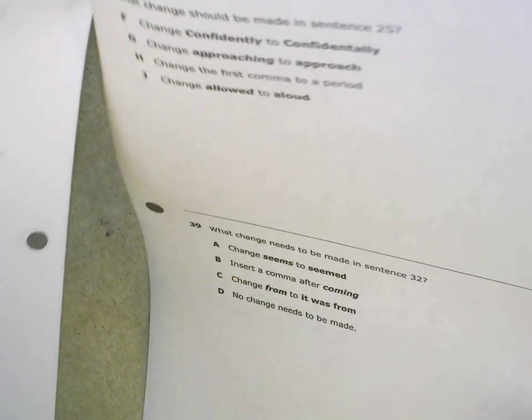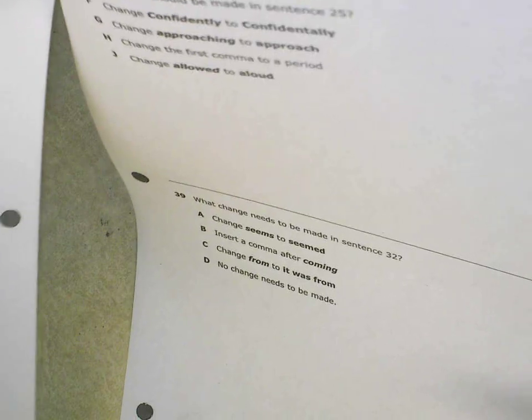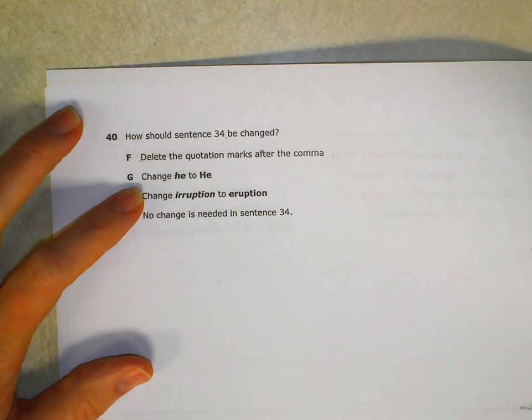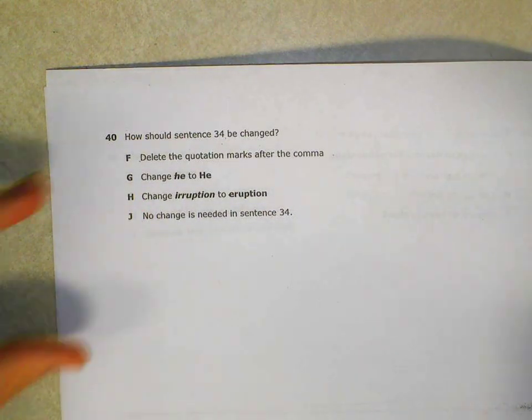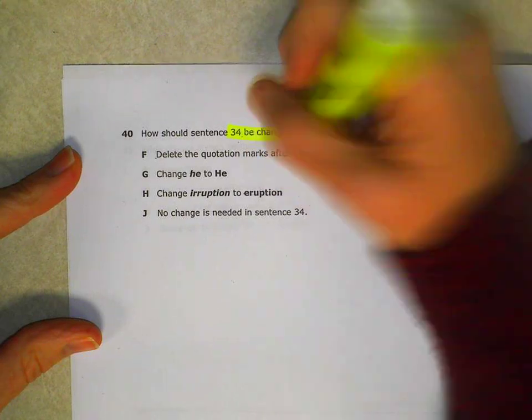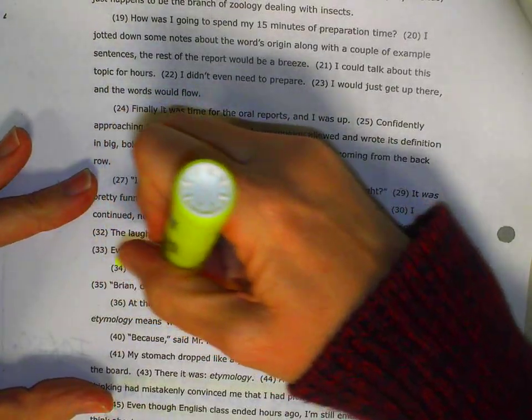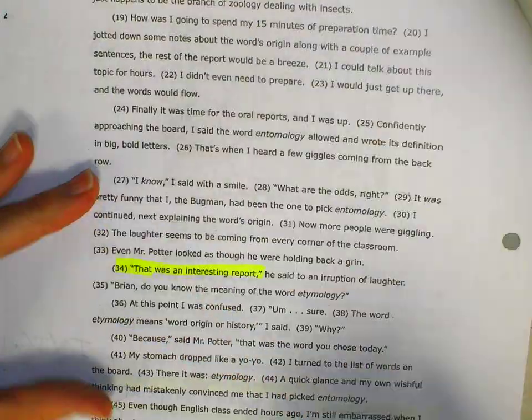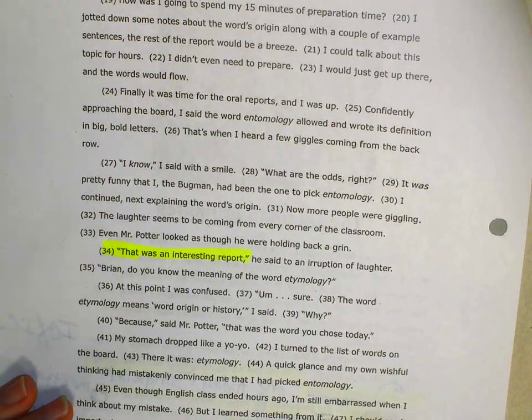While we're looking at this, I want to look at number 40 because I see a quotation mark question. It says delete the quotation marks after the comma. This is sentence 34. So let's look at the end of this. It says, "That was an interesting report," he said to an eruption of laughter.